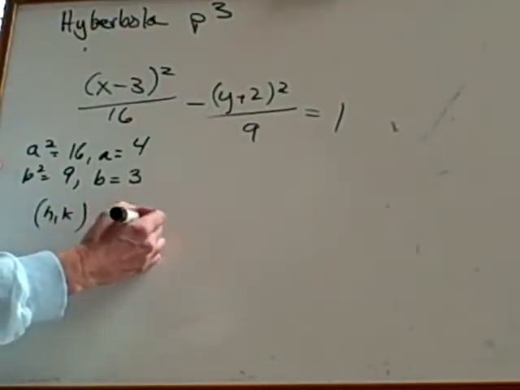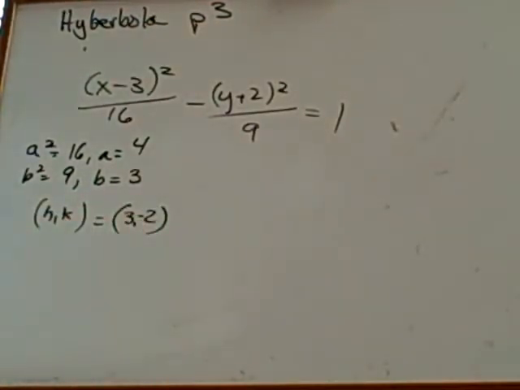Perfect. Okay, now if you look at the bottom there, it says center, vertices, foci, eccentricity. You want to label things on the graph. How do we find our vertices? Well, let's think about it. It's a horizontal one, so remember the transverse axis was y equals k.